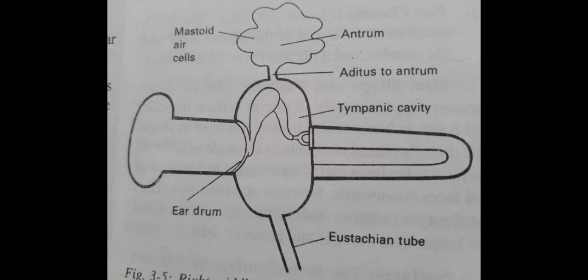While in children, it is shorter and straighter, and that's why the eardrum can be directly examined without any ear speculum. So this is the external auditory canal. These are the two parts of the external ear.